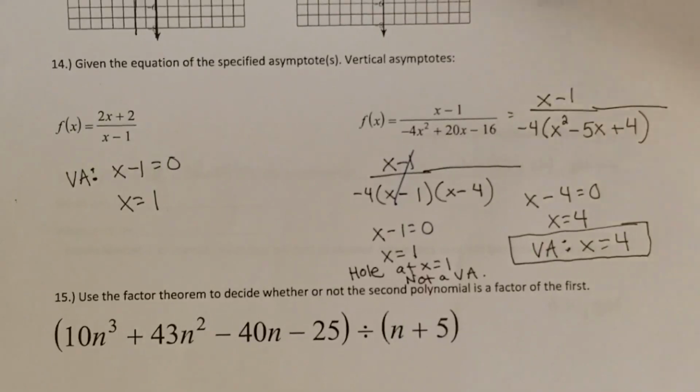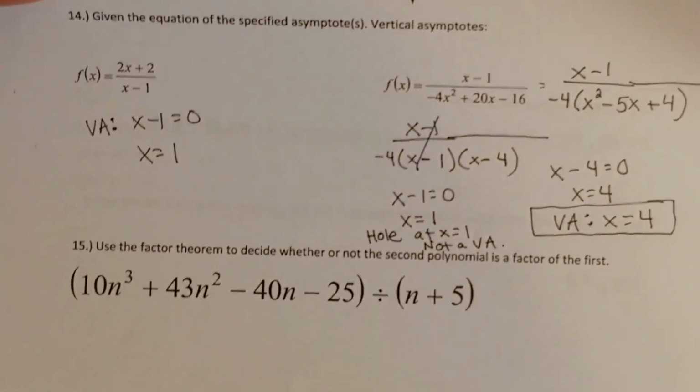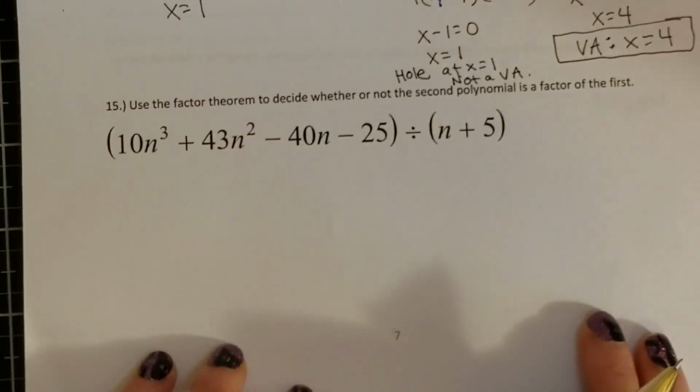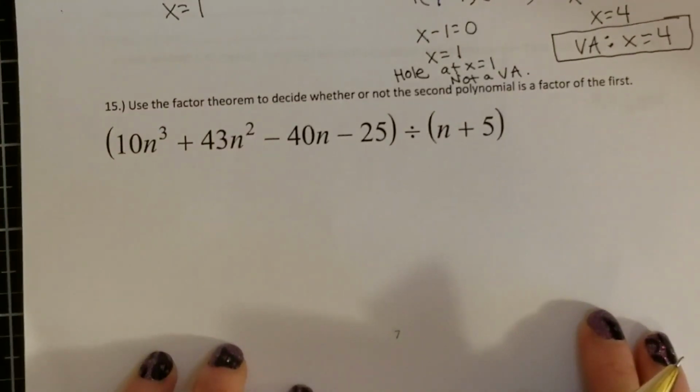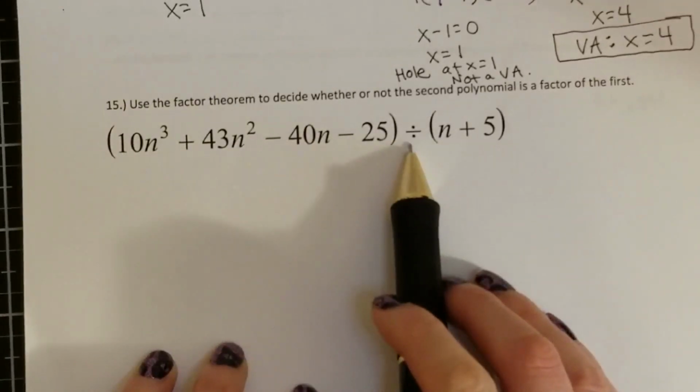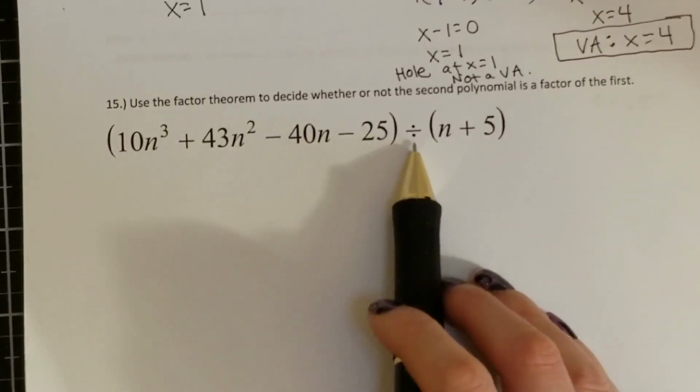All right, number 15. Use the factor theorem to determine whether or not the second polynomial is a factor of the first. So when they give it to you like this with the divide sign, you could do it two ways. You could either do synthetic division, and if the remainder was 0, then it would be yes.